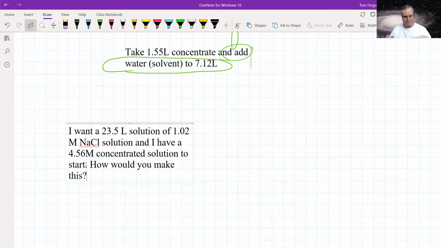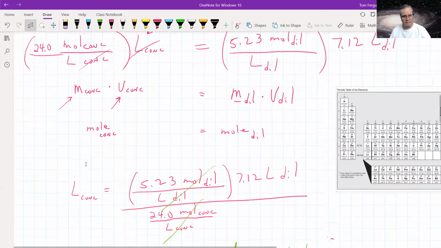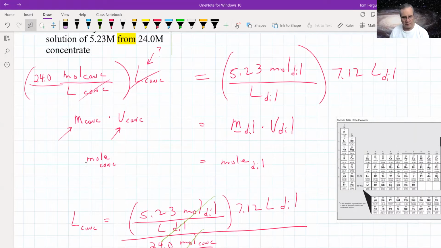MV equals MV. MV concentrated equals MV dilute. That's the formula for diluting concentrated solutions.